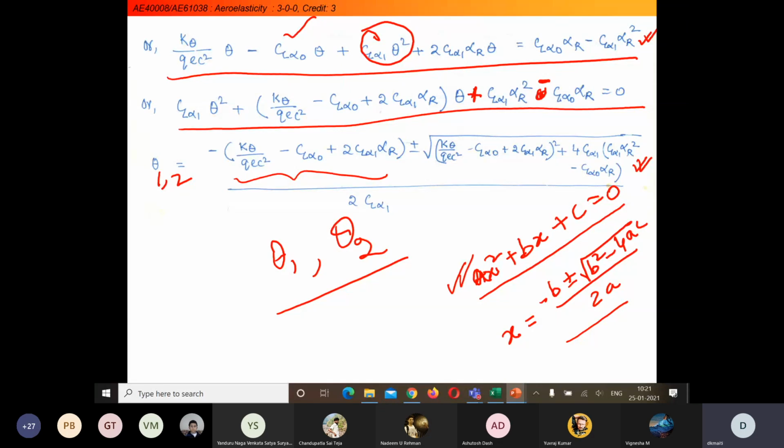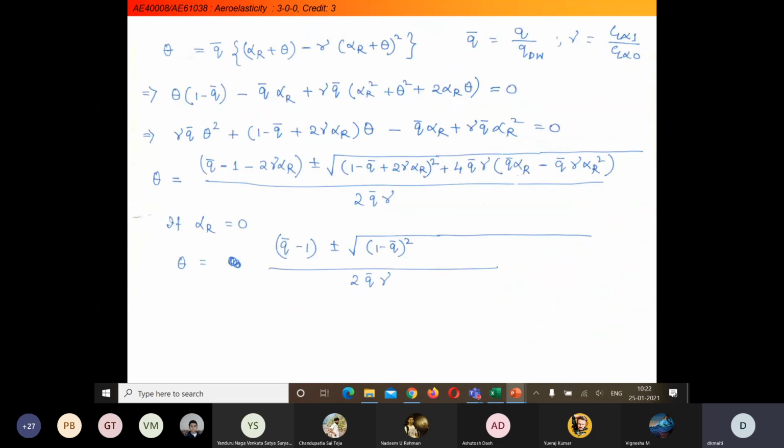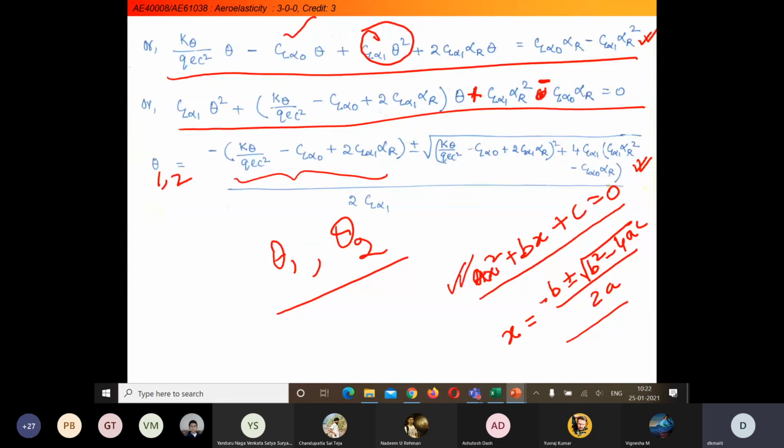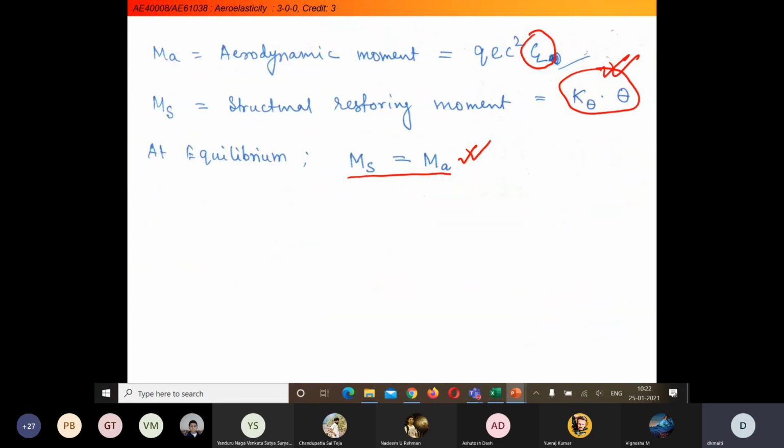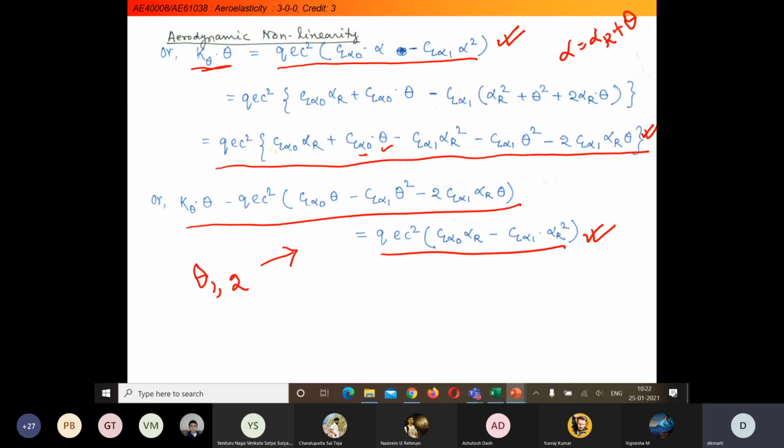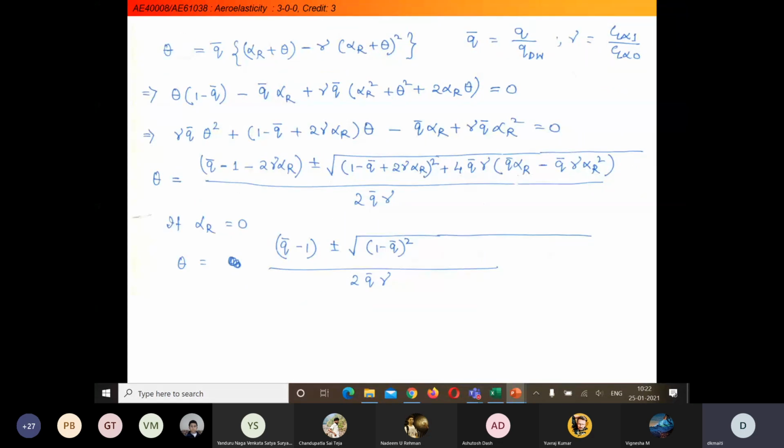See, whatever equation we have considered in the beginning, there itself I will be taking the non-dimensional form. I will be defining Q bar. Q bar is the non-dimensional dynamic pressure, which is Q by Q divergence, the Q divergence of the wing that we have considered in terms of linear theory.